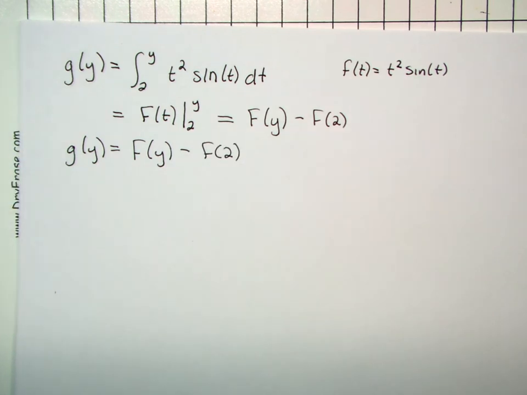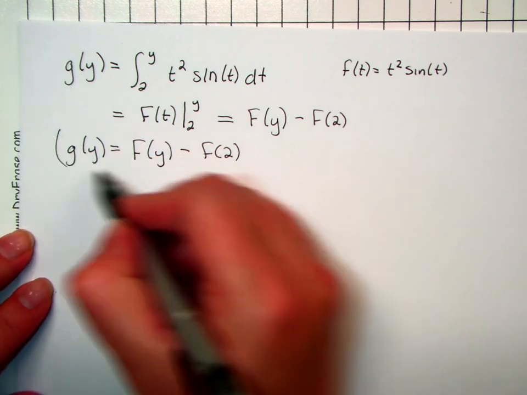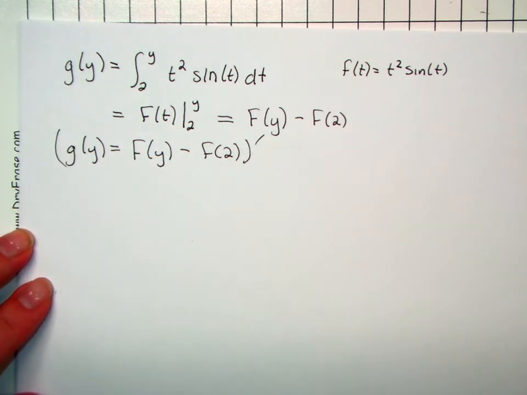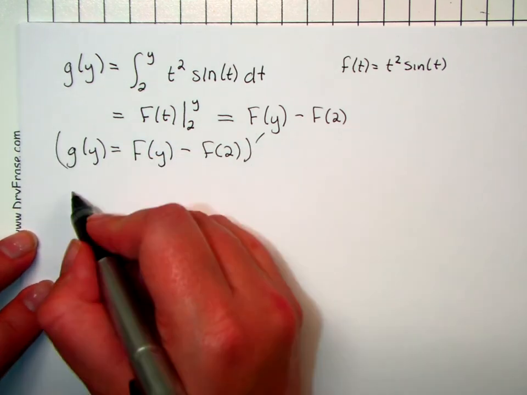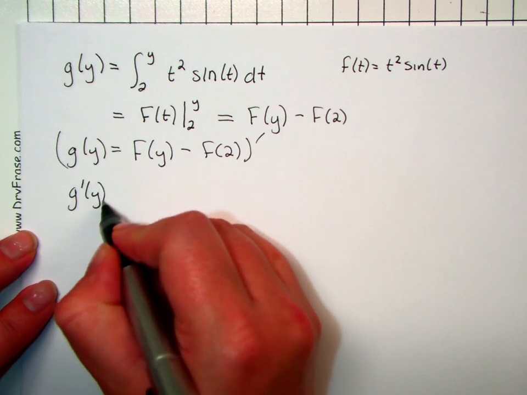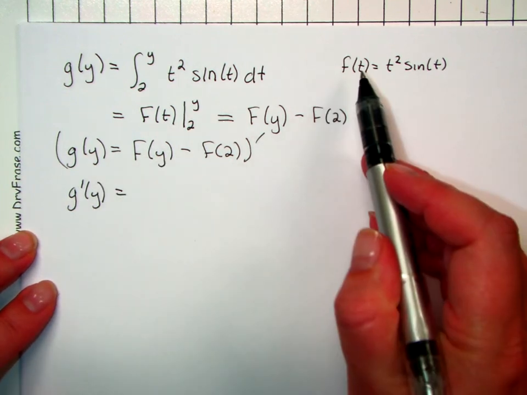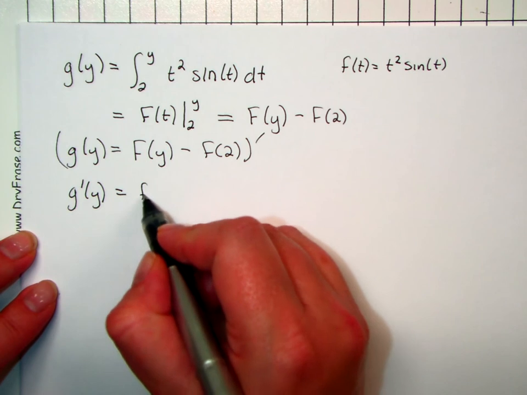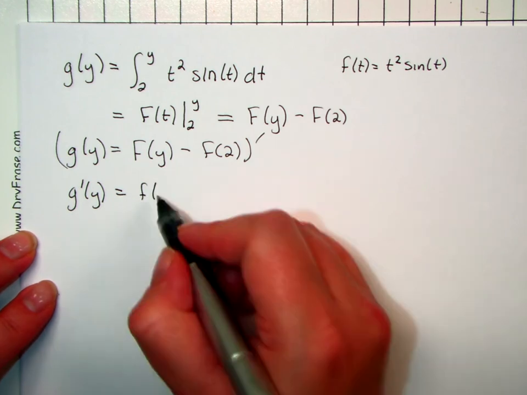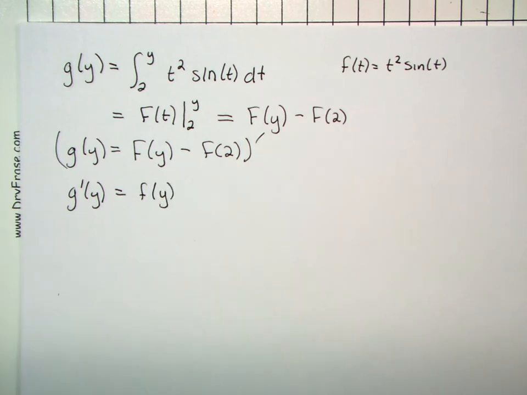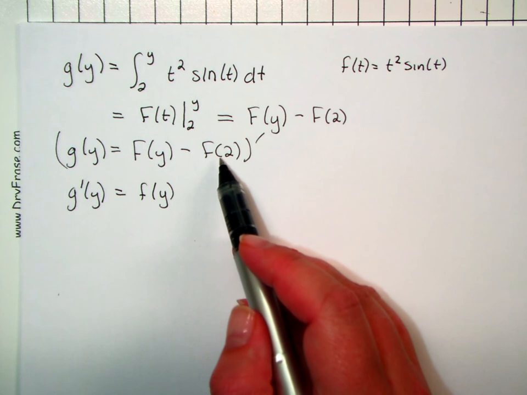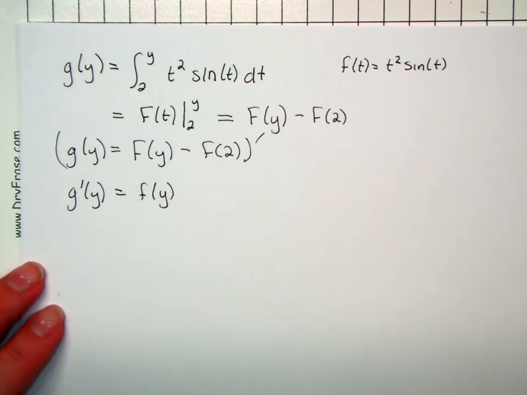And so the directions still say find the derivative of this function. So I'm going to differentiate. The derivative of g of y is g prime of y. The derivative of the antiderivative gets us back to the original function. It's going to get us back to little f of y. And then the derivative of this constant is going to be 0.